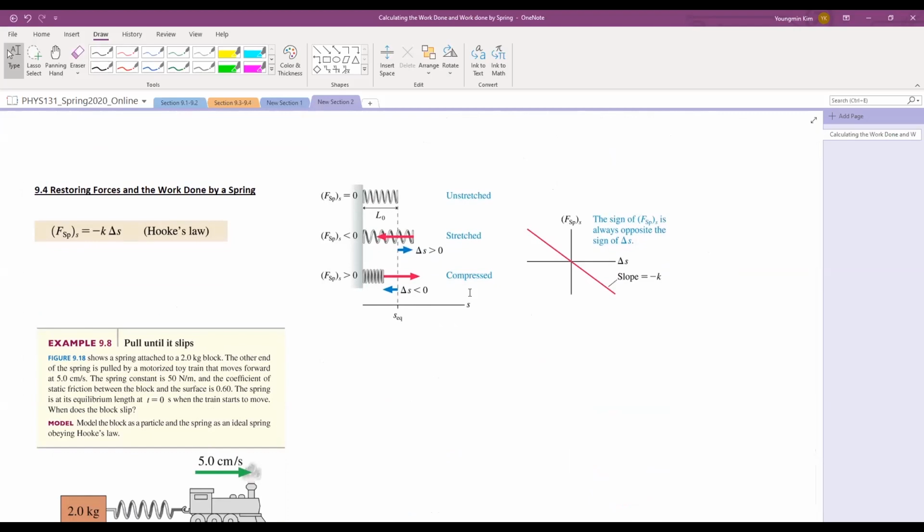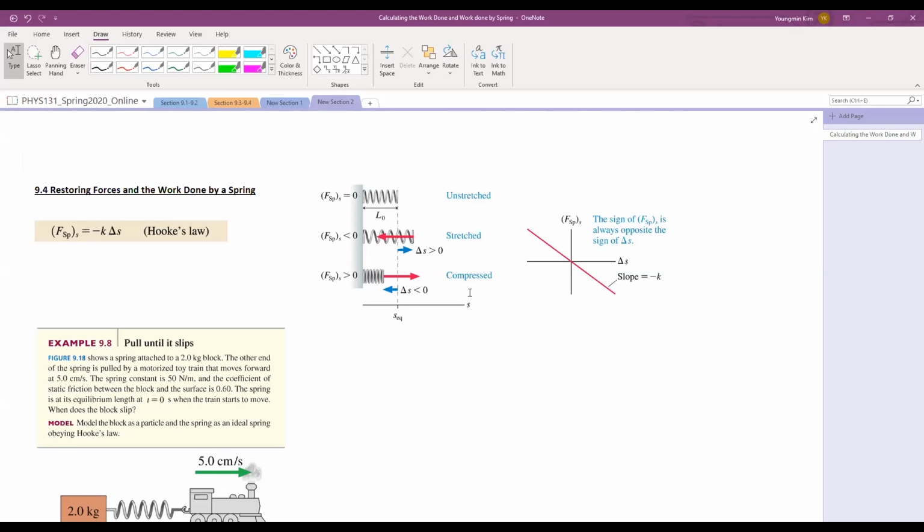Conceptually, work transfers energy in and out of the system via an external force, in this case in the form of kinetic energy.